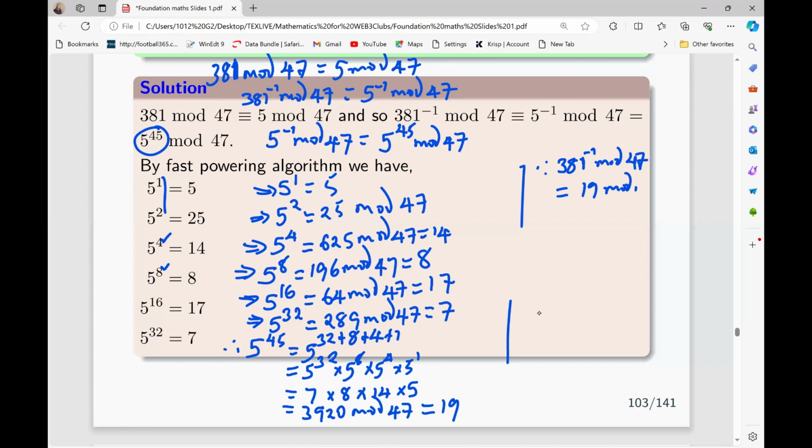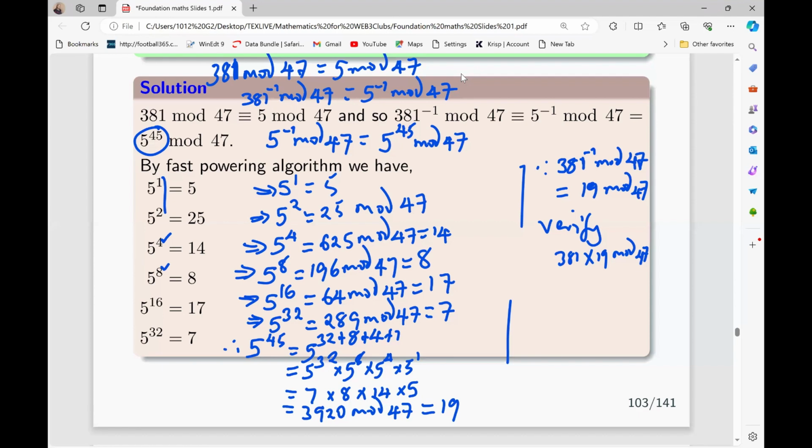Mod 47 is 19. You can verify by multiplying 381 times 19 mod 47 and see what you get.